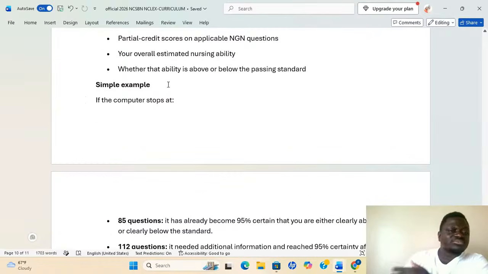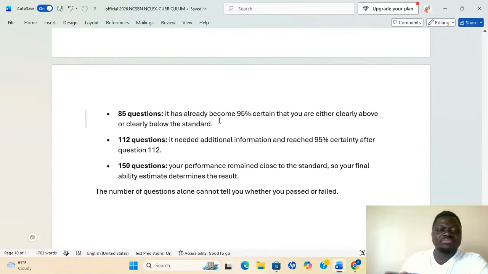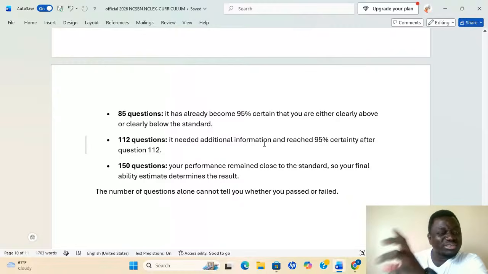So they give you a simple example. If the computer stops at 85, it has already become 95% certain that you are either clearly above or below. If, for example, your questions cut at 112, it needed additional information.